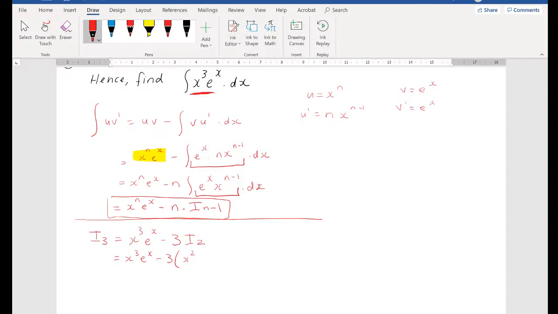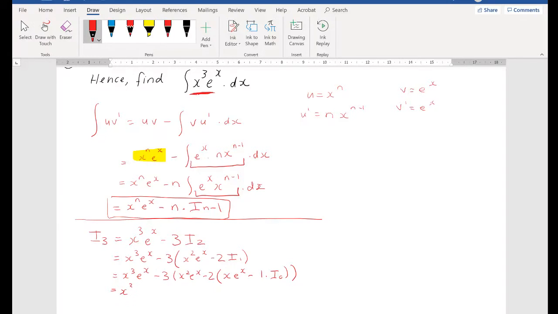So that's x squared e to the x minus 2 lots of I_1. So now I do it again, subbing into I_1. Sub 1 in, I get x e to the x minus 1 lots of I_0.